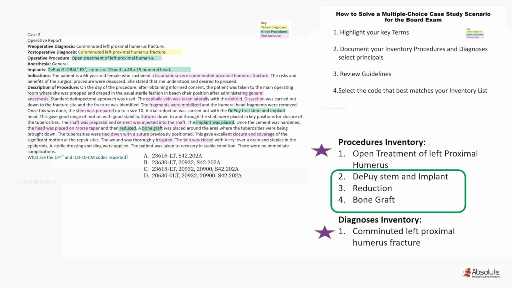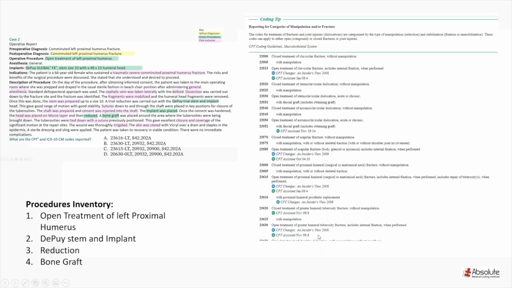So we know that should be integral to our procedure, our treatment. It should be, and it is. But that bone graft, that too should be integral to your implant because your implant is also a graft. You know what I mean? So there's no need to code both.